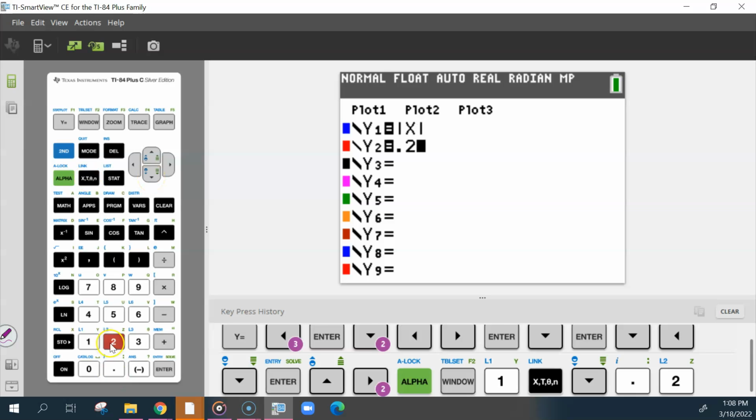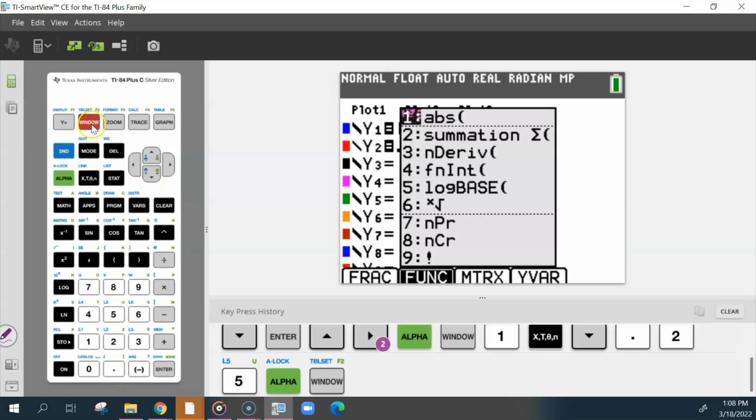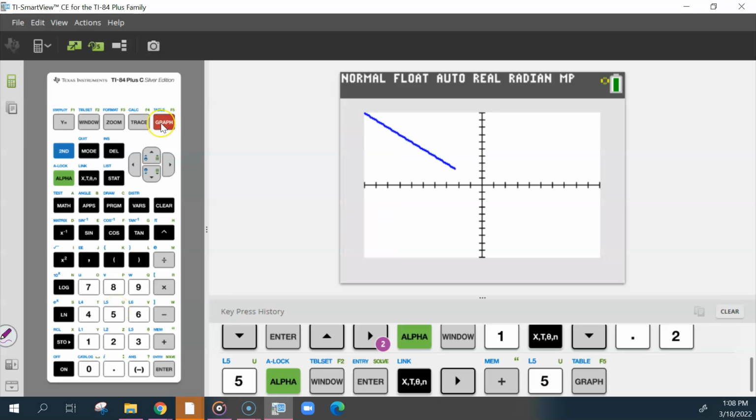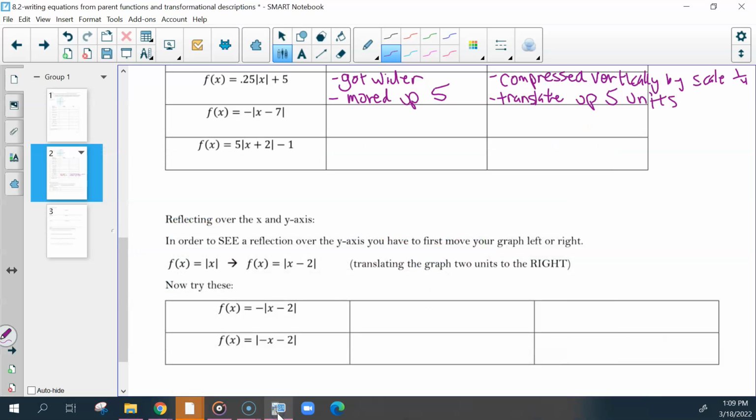And then I have 0.25 alpha window, absolute value of x, and then plus 5. And then I'm going to graph it. So there's my original. So it definitely got wider, and it's definitely been moved up 5. So once you start to get the hang of this, you may not need to actually put it in your calculator each time.